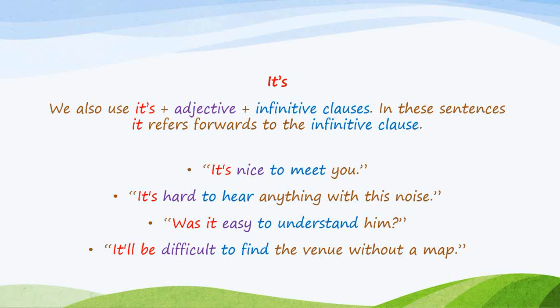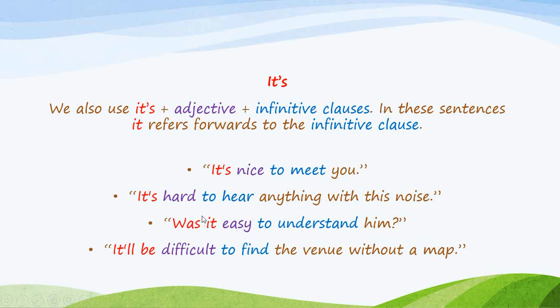And if we want to make a question with this form, we have to put the verb to be first and then it. Was it easy to understand him? And as you can notice, in this case we are using the verb to be, but in past tense.